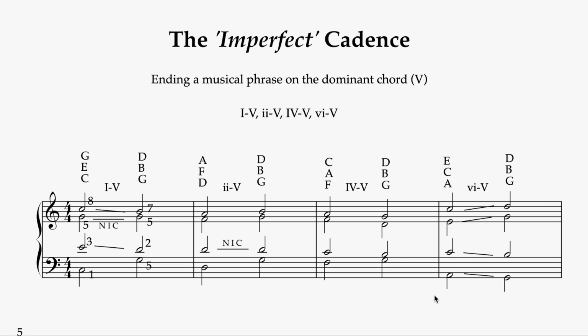So this offers a variety of the way musical phrases can end by being able to end a phrase on the dominant. It's a strong enough contrast to the tonic chord, but it's also a strong, stable chord. So it's a way of ending on a strong chord within the key without having to return back to the tonic.